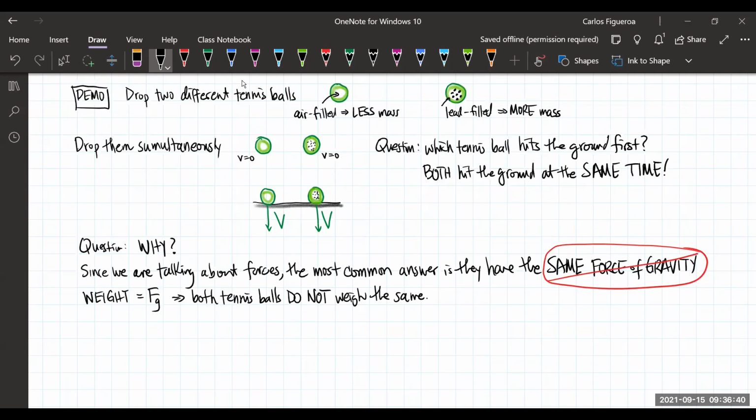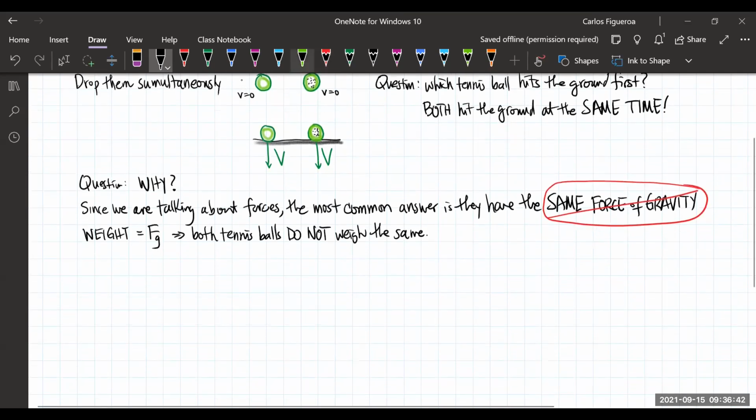The air-filled tennis ball has less stuff inside, whereas the lead shot tennis ball has more stuff inside.